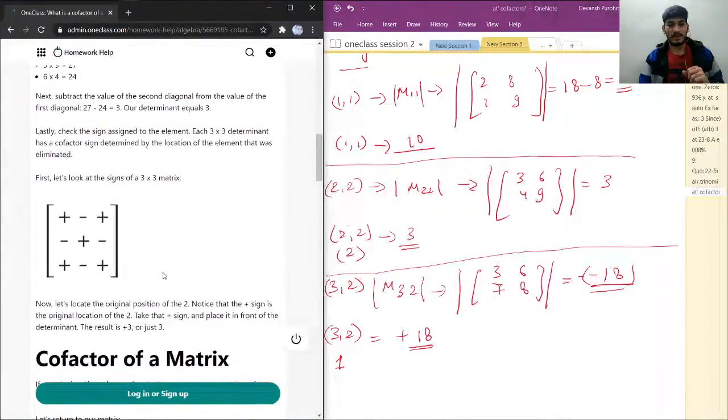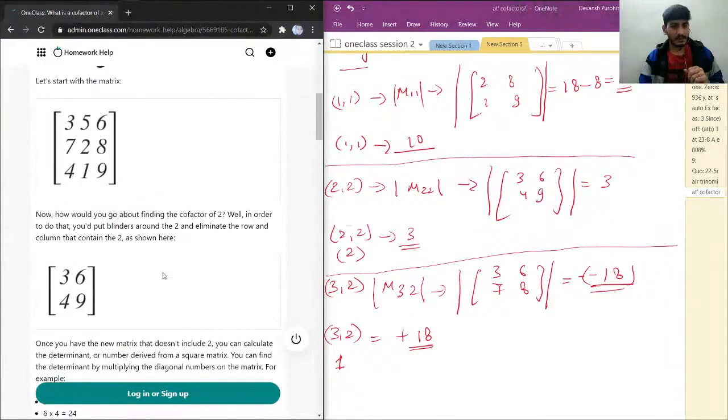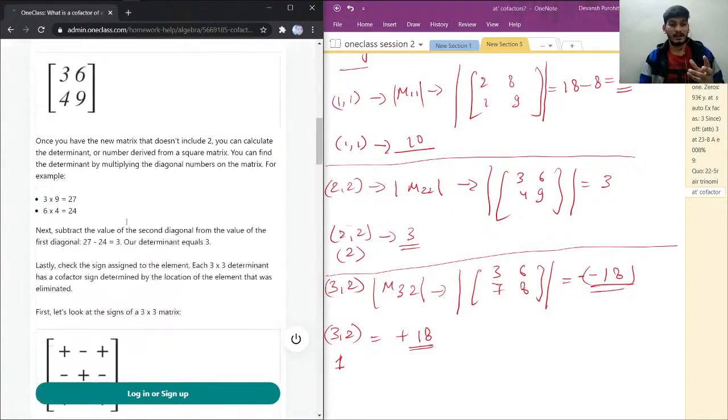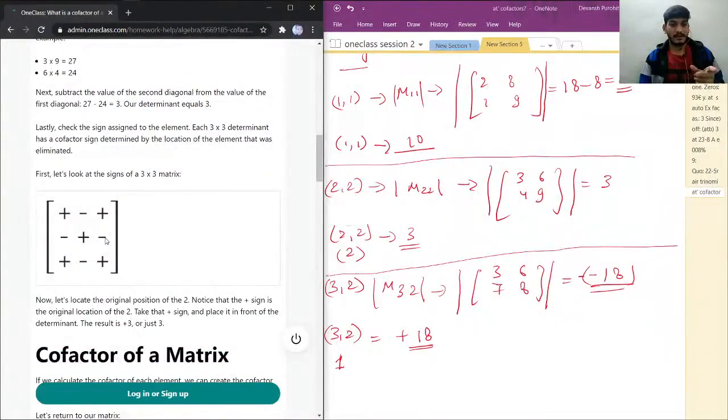In a similar fashion, if we want to calculate the cofactor for 8, then we'll just block this row and this column. The minor matrix will be 3, 5, 4, 1. I'll take the determinant of the minor matrix, and whatever value I get, I will add a negative sign because 8 was at this position.